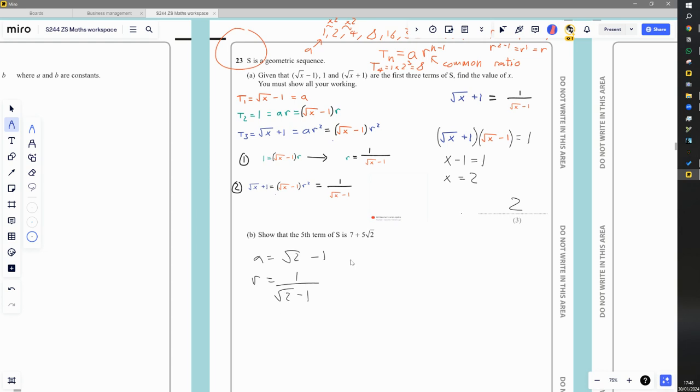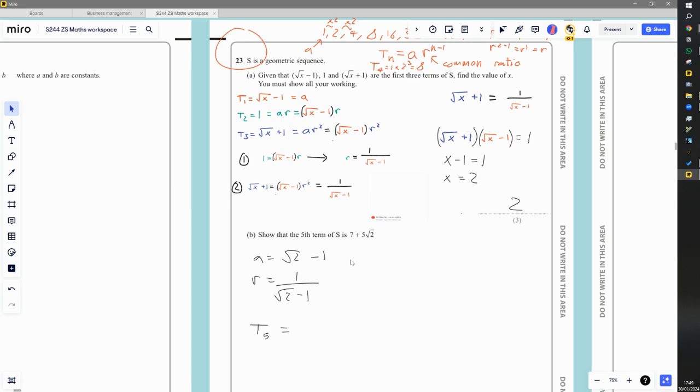And the equation is this. So the nth term, or in this case the fifth term, t5. As I say, in the textbooks it'll say x, but we use t because they had x in the question. It just caused some confusion.